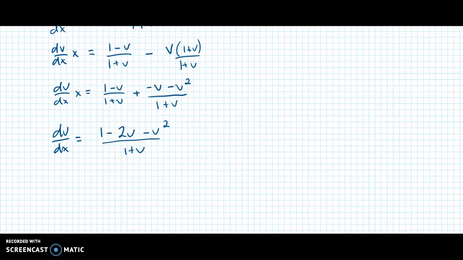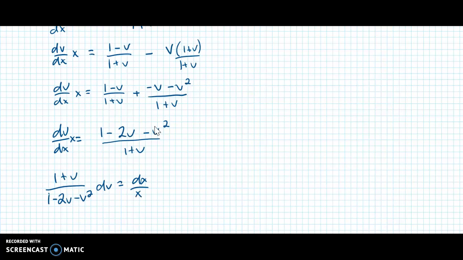If I go and separate variables by multiplying by the reciprocal of this fraction, and then I drop my x, and then move the dx and the x over. So what that's going to give me is 1 plus v in the top, and then I'll write 1 minus 2v minus v squared, dv equals dx over x.